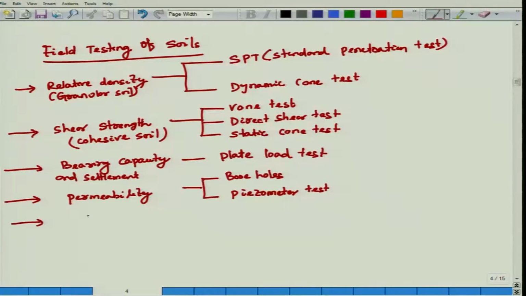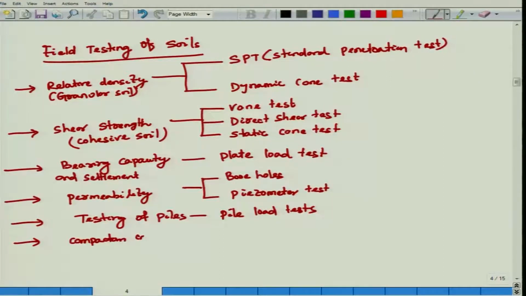Then testing of piles, pile load test, then compaction control, moisture density, then sieve test.